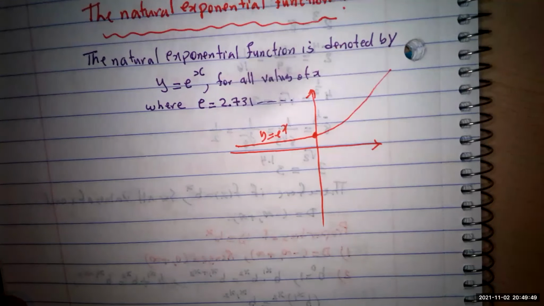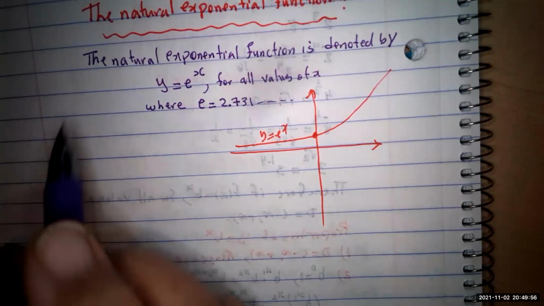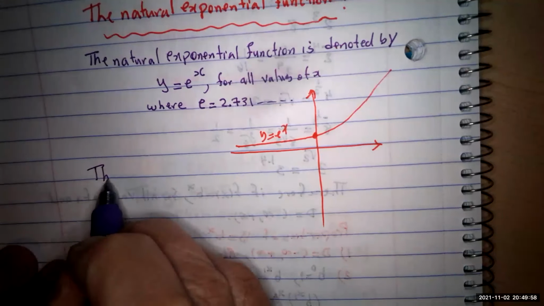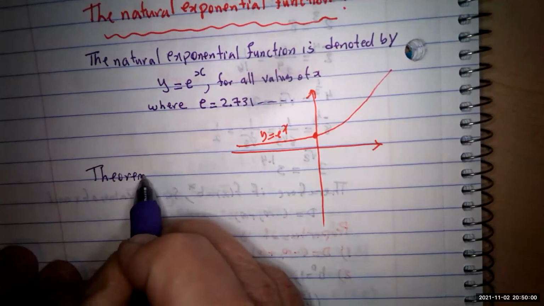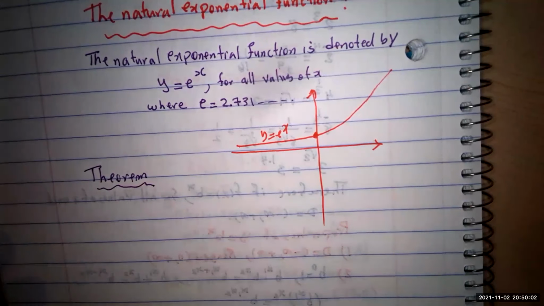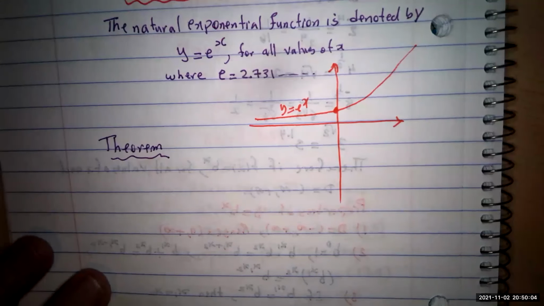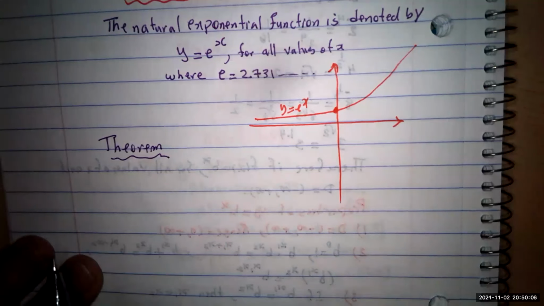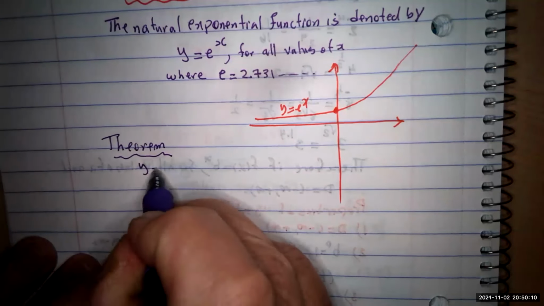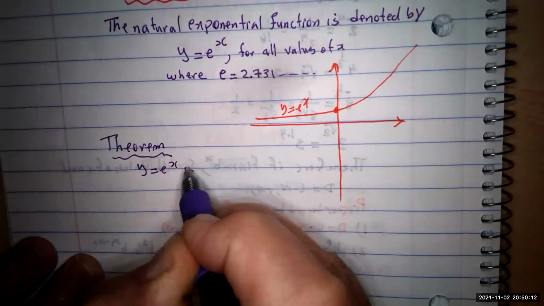And from that, the rate of change point of view is going to be important for us. So we give you quickly this theorem to get the derivative of this function. That's your main job. Now, the natural exponential function, y equals e to the x, is differentiable.